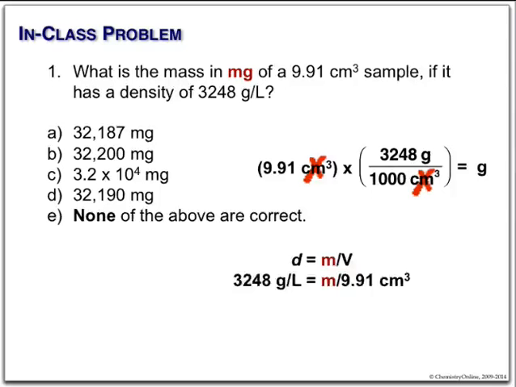Keep solving. There it goes. 32.187 grams. All right, so that's the answer. What is the proper answer on the exam? Which of these is going to be equal to 32.187 grams?